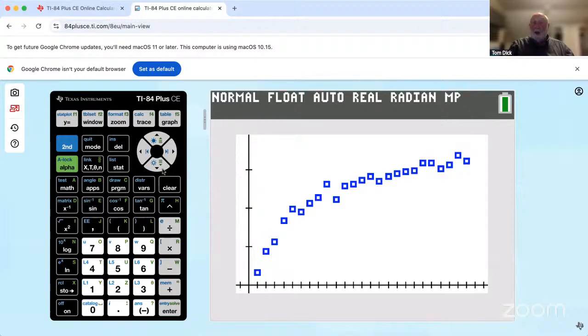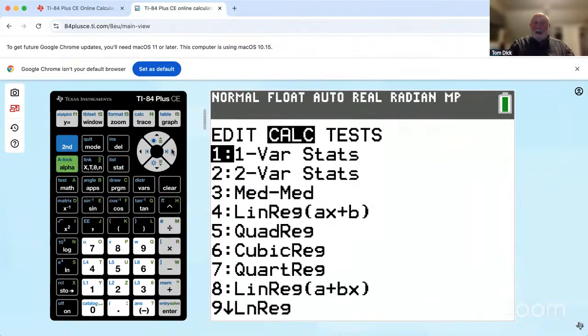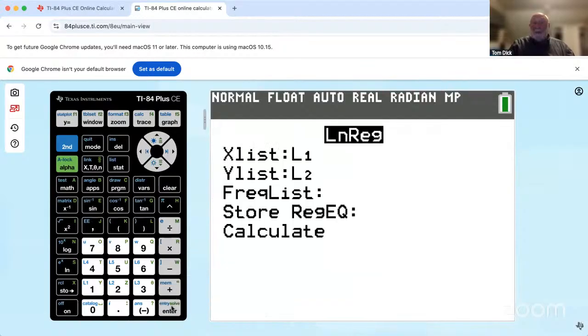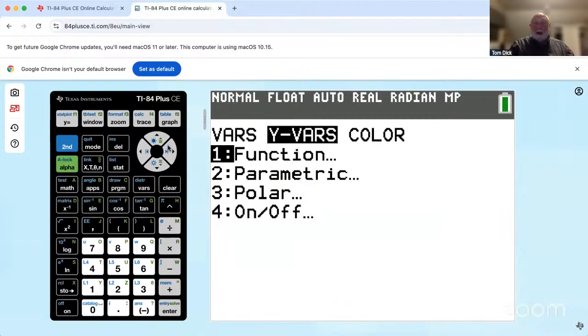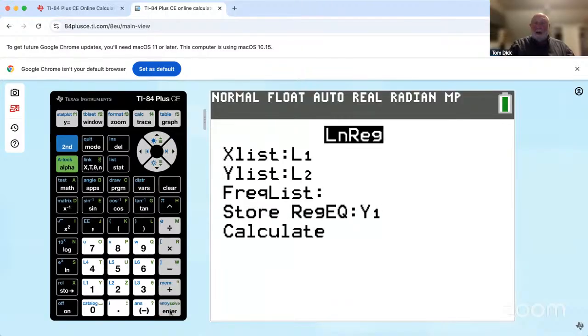Okay, so we wanted to do a logarithmic regression. Let's go back to stat. We'll calculate. Let's see. Oh, there it is at the bottom. LnReg, logarithmic regression. Looks good. List 1 and list 2. Let's store our regression equation in Y1 and calculate it.